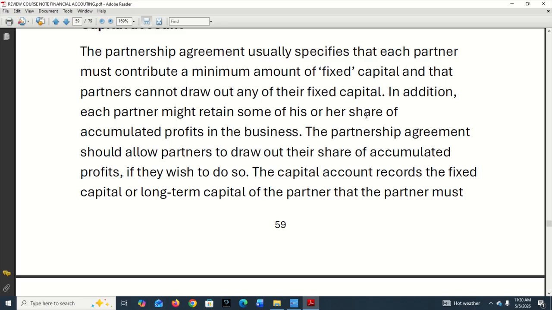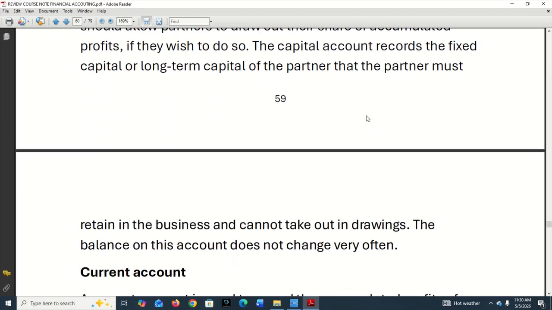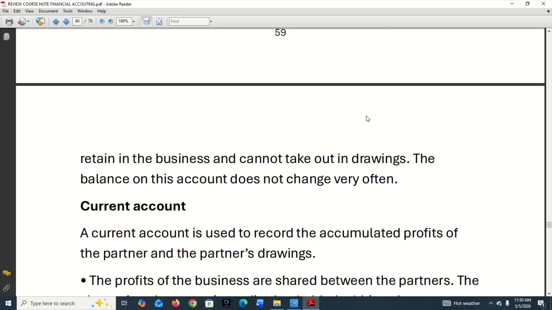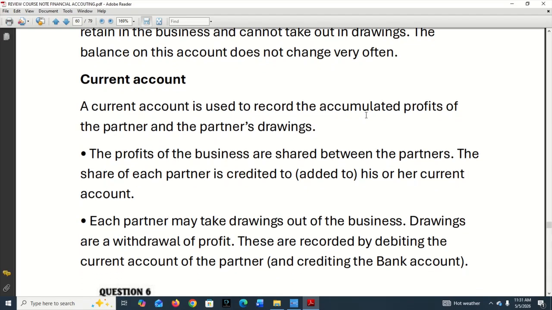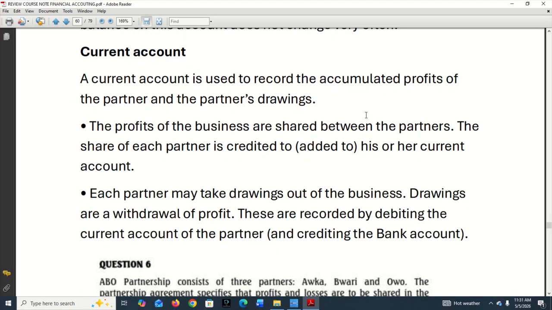The partnership agreement should allow partners to draw out their share of accumulated profit if they wish to do so, but the original capital that they contributed, they cannot withdraw. Their capital account records the fixed or long-term capital of the partner that must be retained in the business and cannot be taken out in the form of drawings. The balance on this account does not change very often.